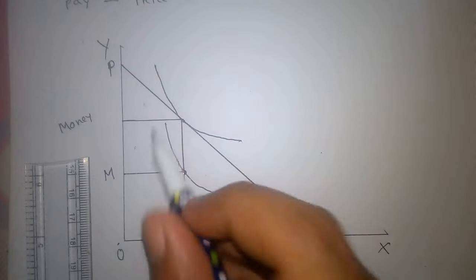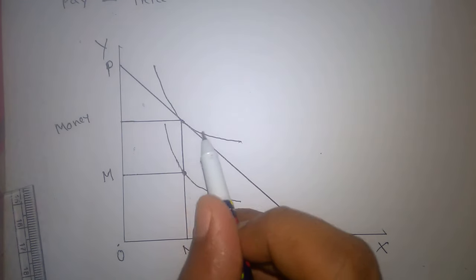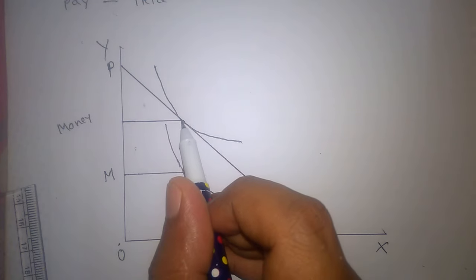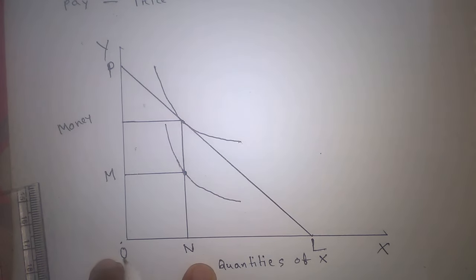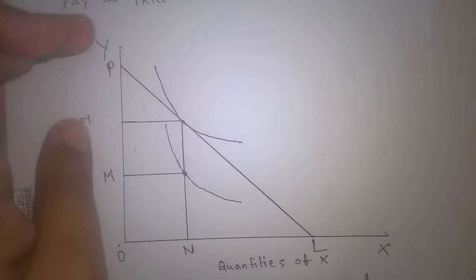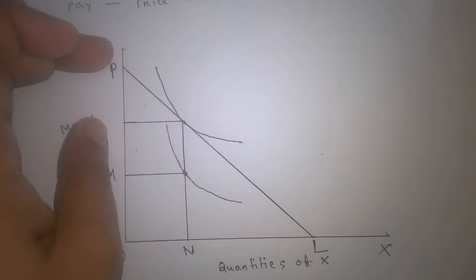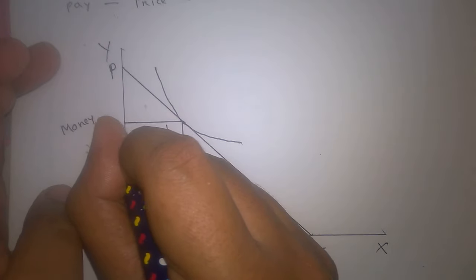Now you can see that the product costs less than you thought, and you are still purchasing ON quantities of product X, but the product costs less, which means you are incurring only, let's take PL or OP.